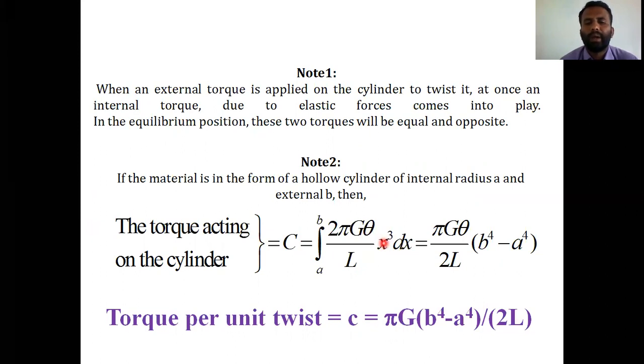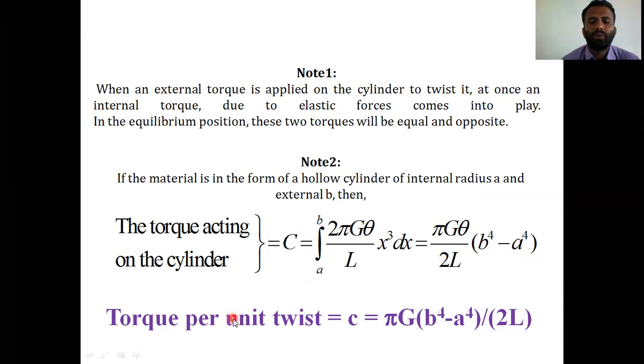Here G, theta and L are constants, and we integrate with respect to x. So the torque acting on the cylinder is C equals pi G theta divided by 2L times b to the power 4 minus a to the power 4.